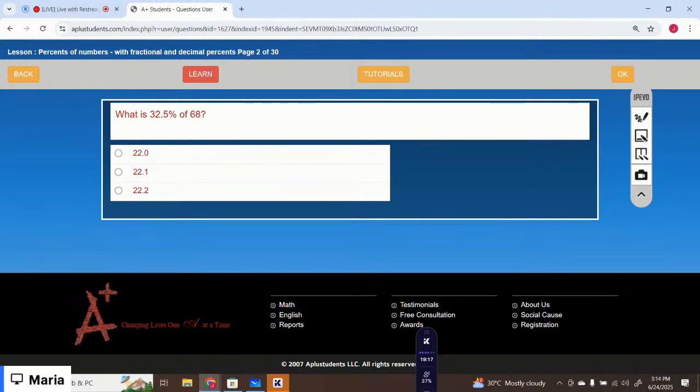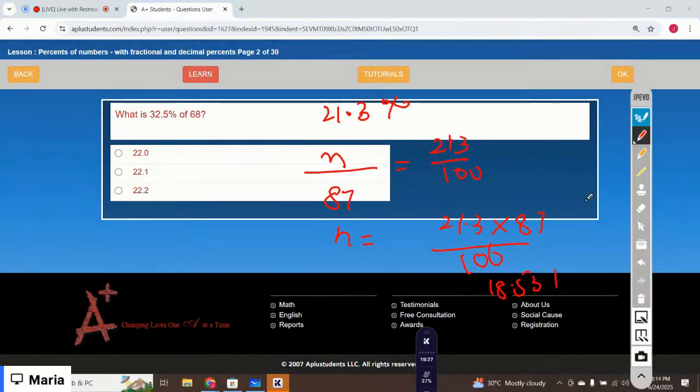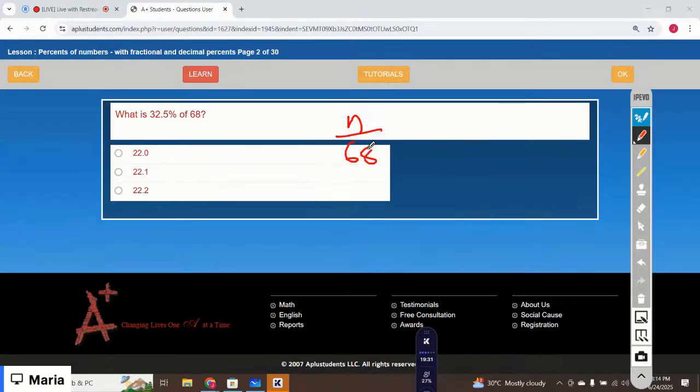What is 32.5% of 68? That is n over 68, because we need to calculate the part of 68. How much part? 32.5%, right? So let's solve it.